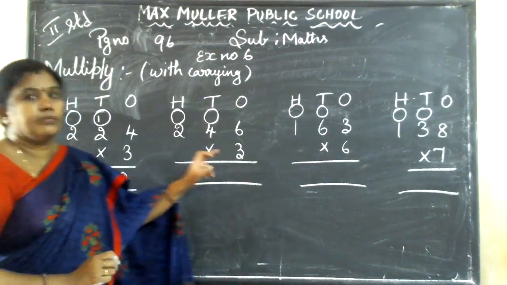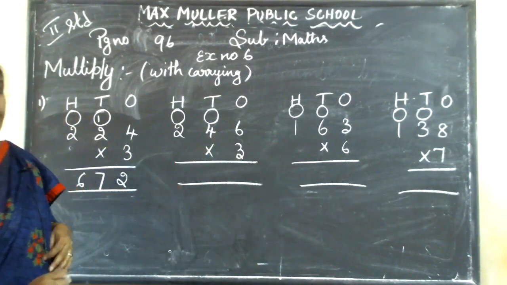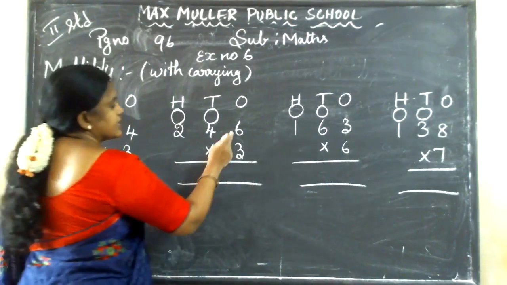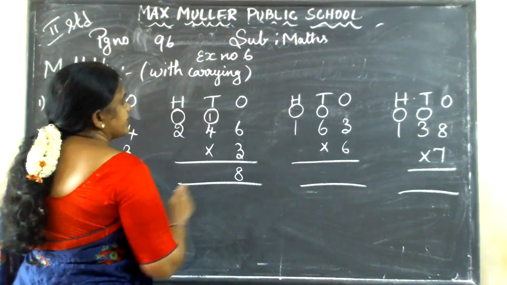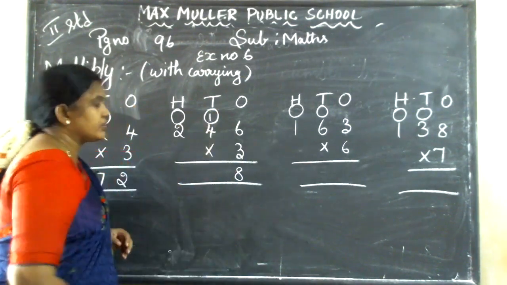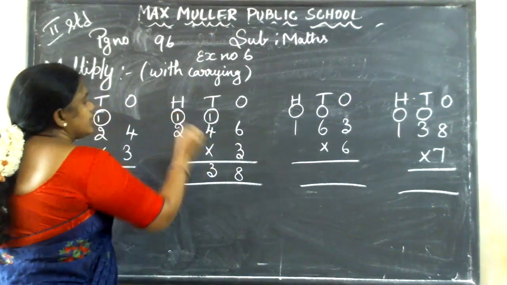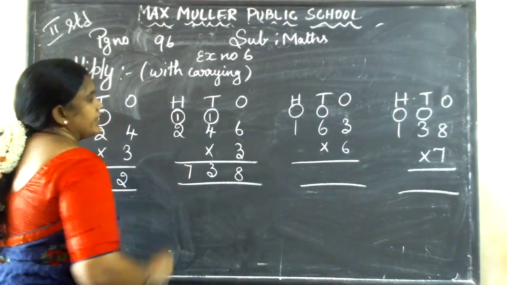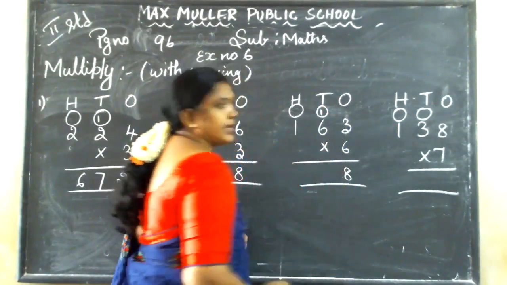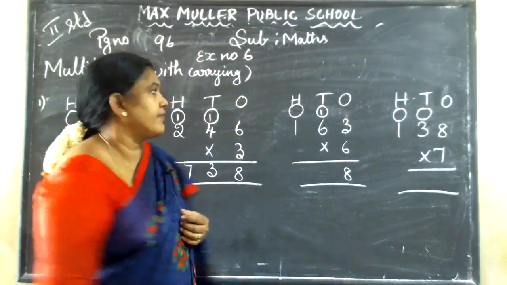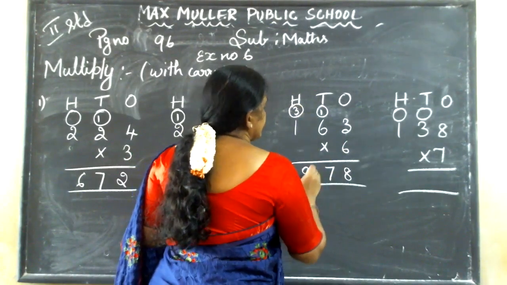Now here, second sum: 3 6s are, say the table, 3 1s are 3, 3 2s are 6, 3 3s are 9, 3 4s are 12, 3 5s are 15, 3 6s are 18. 18, 8 you write here, 1 you carry to tens column. 3 4s are 12, 12 plus 1, 13. 3 2s are 6, 6 plus 1, 7. 6 3s are 18. 6 6s are 36. 36 plus 1, 37. 6 1s are 6.